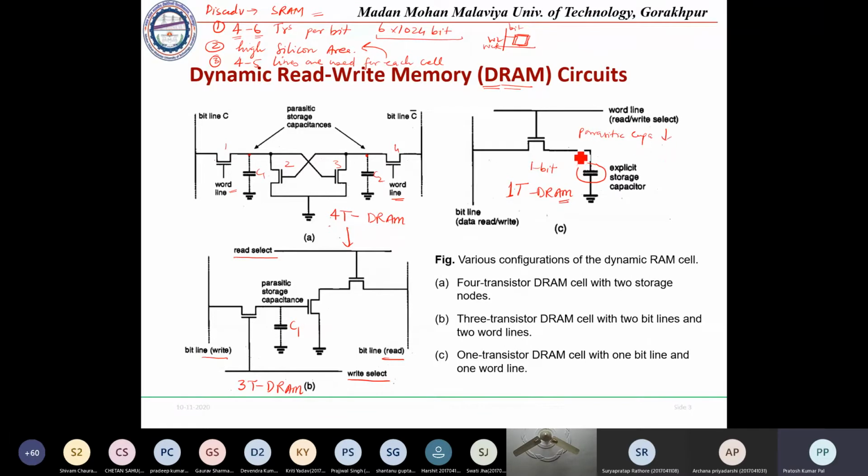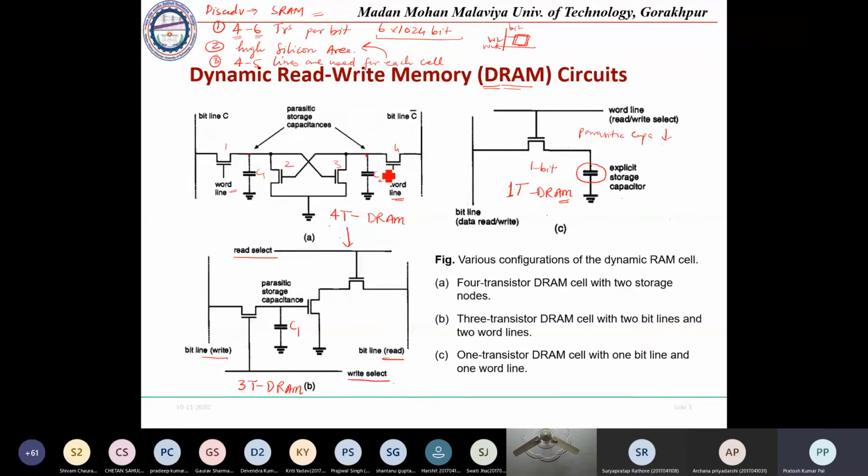So instead of using the parasitic capacitances, an external capacitor is added, designed or fabricated to store the data. This is called an explicit storage capacitor. So this is the modification to dynamic RAM from 4T to 3T to 1T. These are the 3 different structures of dynamic RAMs.